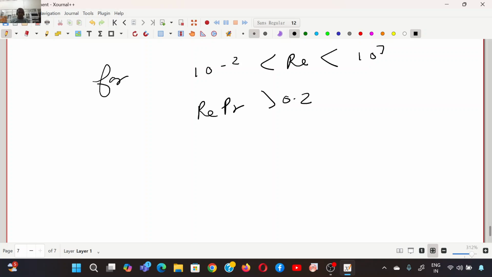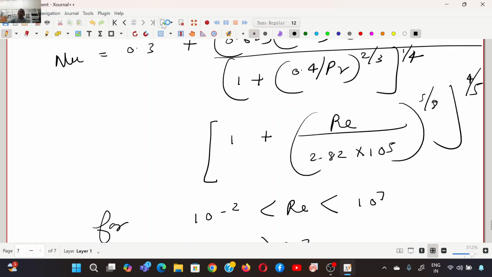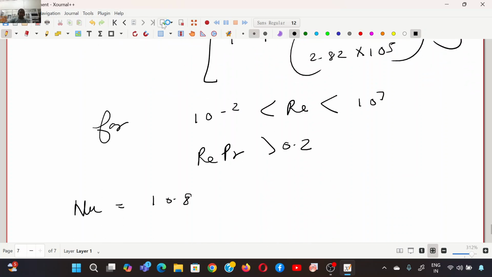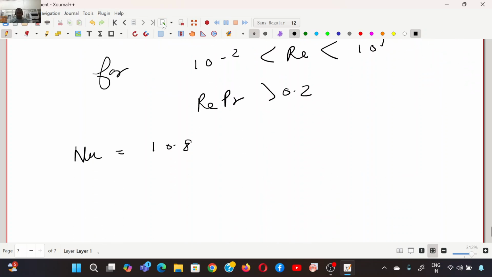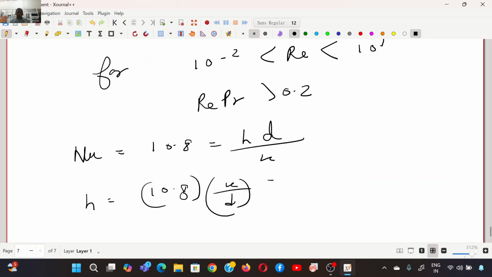So the Nusselt number that you will get here is 10.8, when you plug in all these values into this gigantic expression, which is nothing but hD by k. D is the diameter of the wire here. Or h is equal to 10.8 into k by D. Plug in all the values.